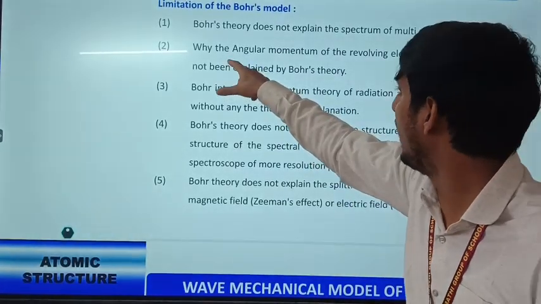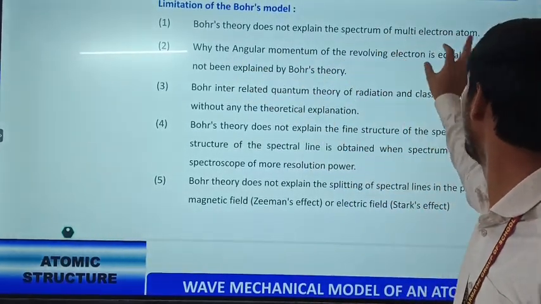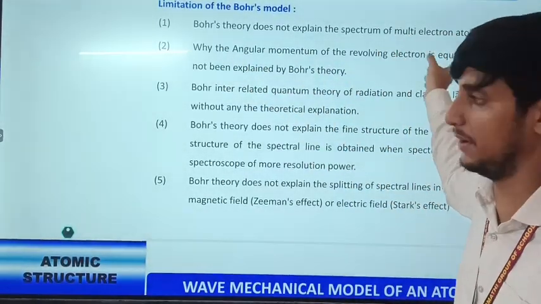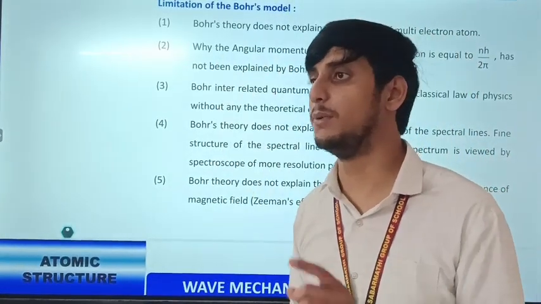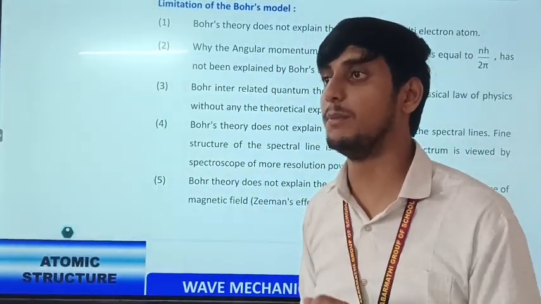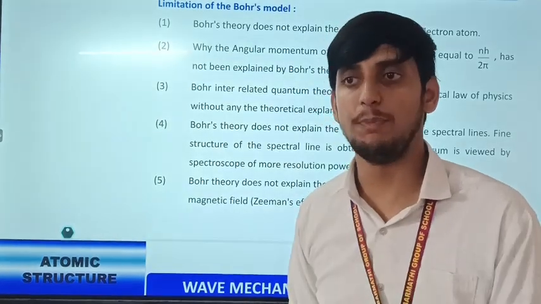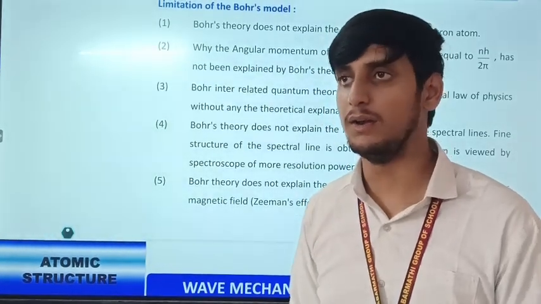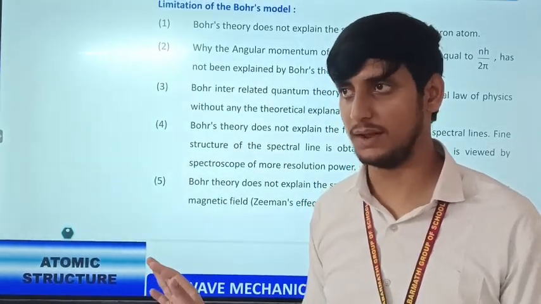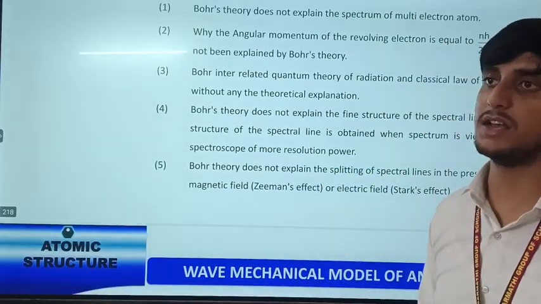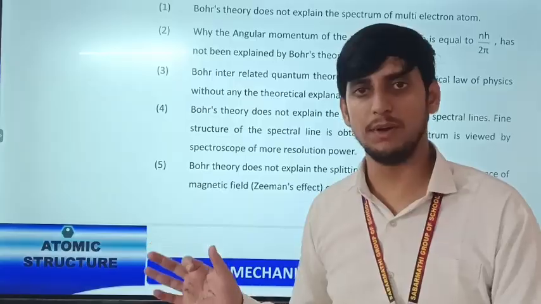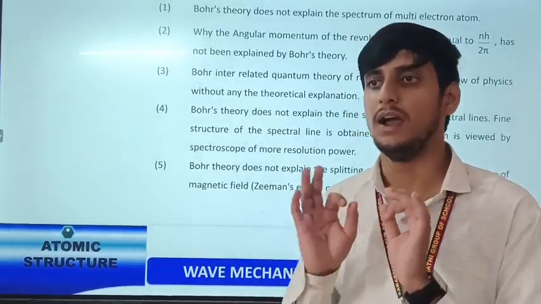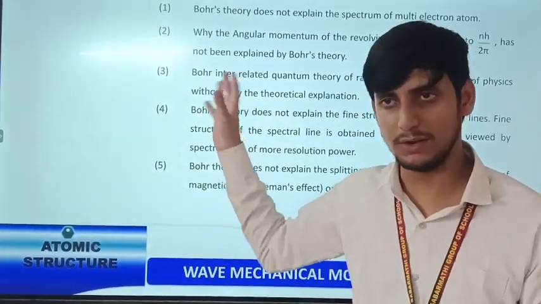And why is the angular momentum of the revolving electron equal to nh upon 2 pi? We cannot explain why electrons revolve with the angular momentum nh upon 2 pi. When scientists asked Bohr why electrons revolve with this angular momentum, he did not say anything related to this.